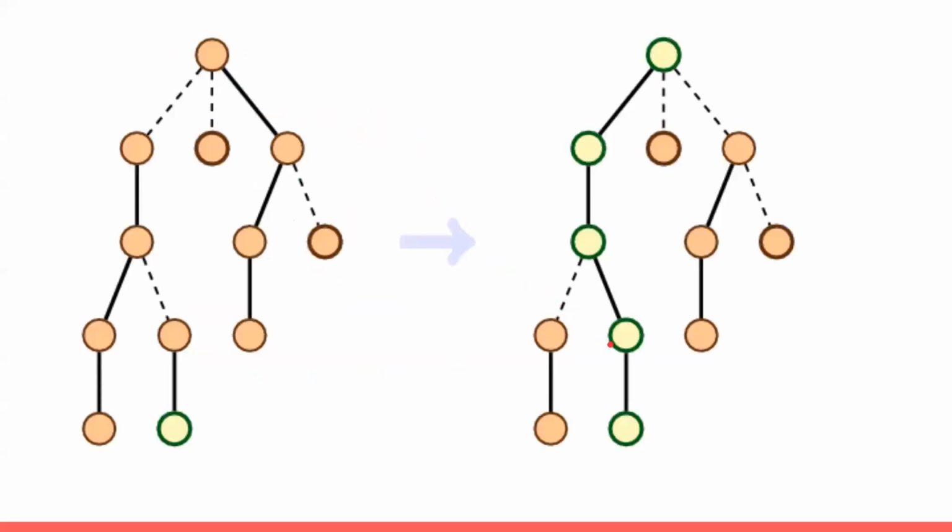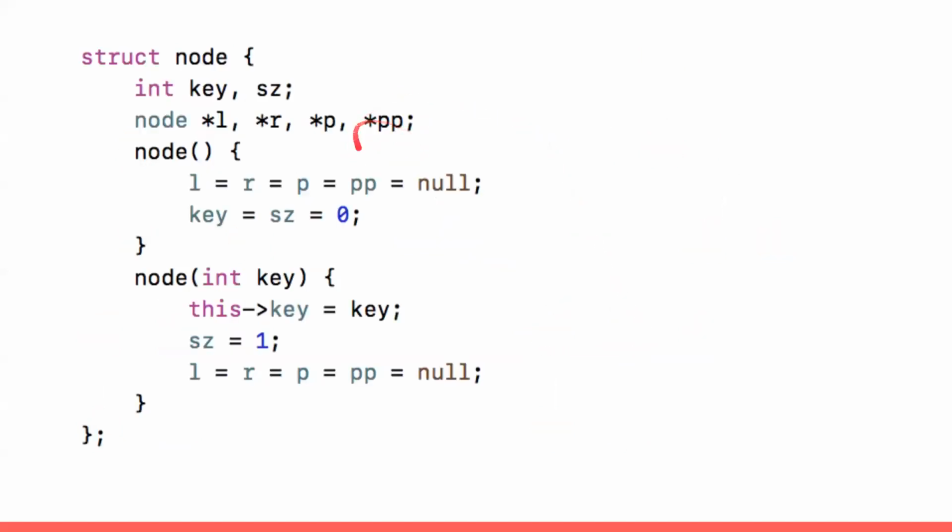PP will be some vertex. For most of the vertices it will be null, but for some vertex we should know which vertex is its parent. That is why we should store PP.